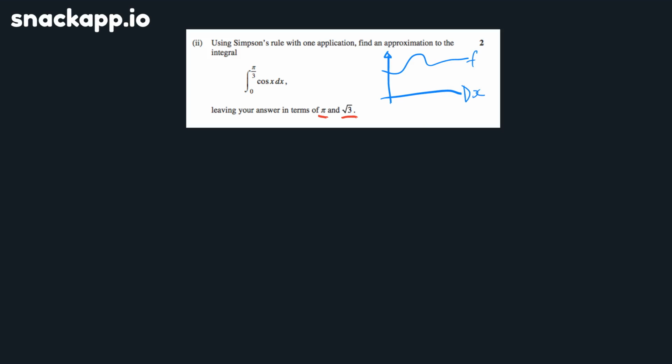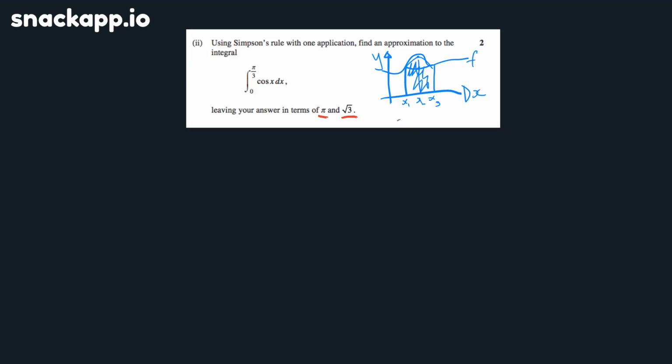This is x, this is y. What Simpson's rule is doing is fitting a parabola through 3 points, like that, and then finding the area underneath. So to do it, you need 3 x values: x1, x2, and x3.